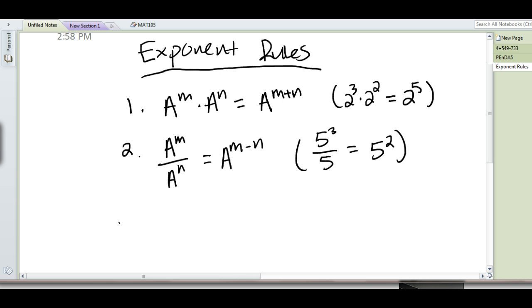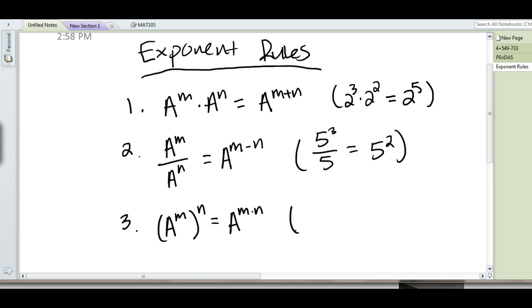Okay, third rule. If we have a to the m, and then this whole thing raised to the nth power, what we do here is we actually multiply the exponents. So this will be a to the m times n power.